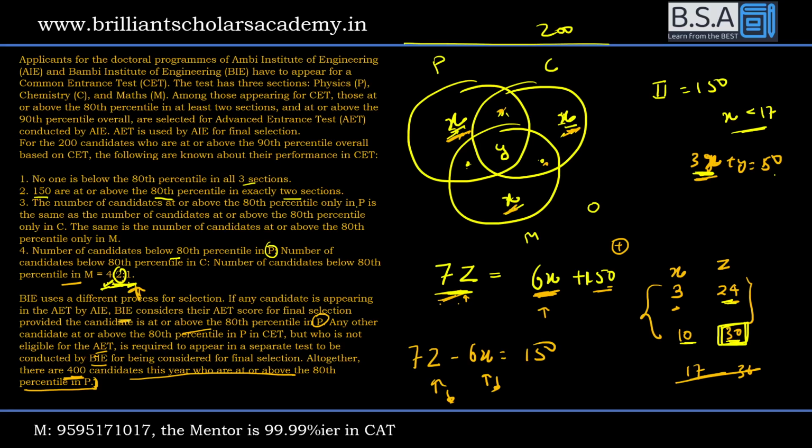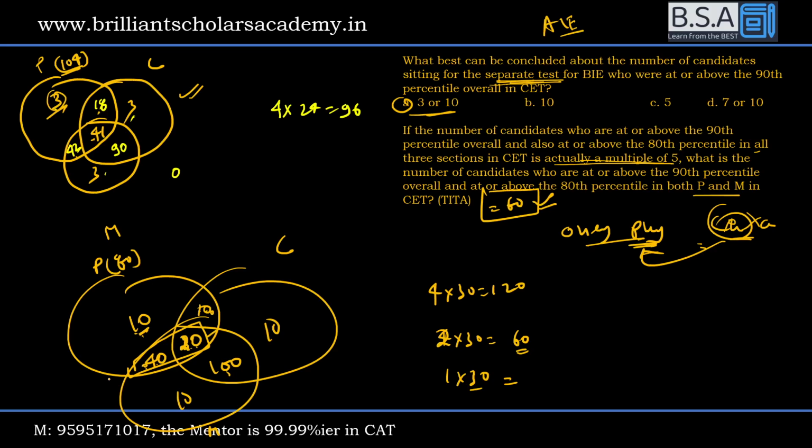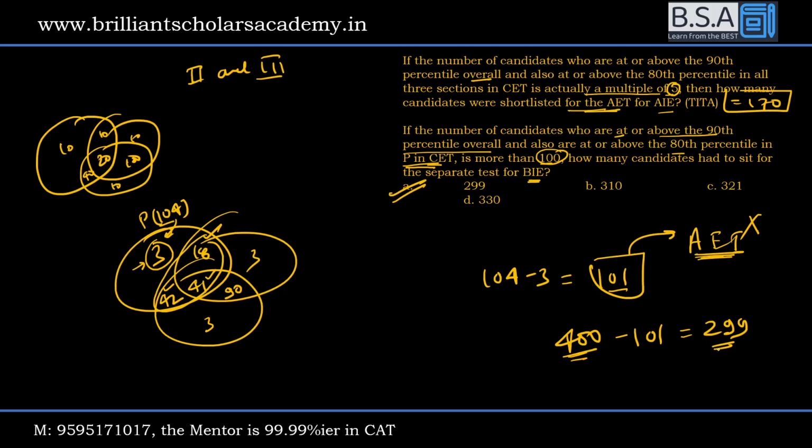BIE की एग्जाम के लिए ओनली क्राइटेरिया इज फिजिक्स. तो ये केवल 400 कैंडिडेट को मैं कंसिडर करूंगा. उन 400 में से 101 तो एलिजिबल हो चुके हैं ऑलरेडी. तो कितने नॉन एलिजिबल है? 299. इन 299 को क्योंकि मैं AET में नहीं एग्जाम दिला सकता, मैं इनको BIE के एग्जाम दिलाऊंगा. ये क्वेश्चन था आपका. हाउ मेनी आर एलिजिबल फॉर BIE सेपरेट टेस्ट?